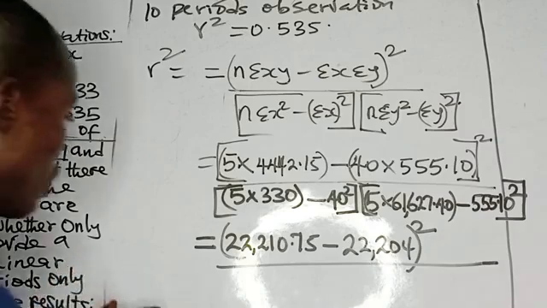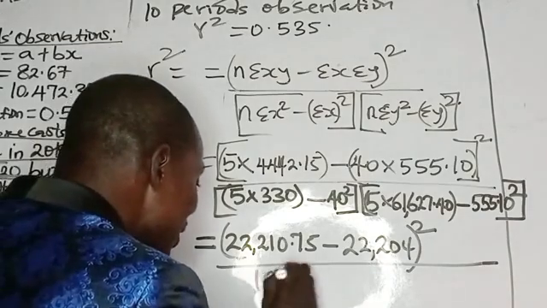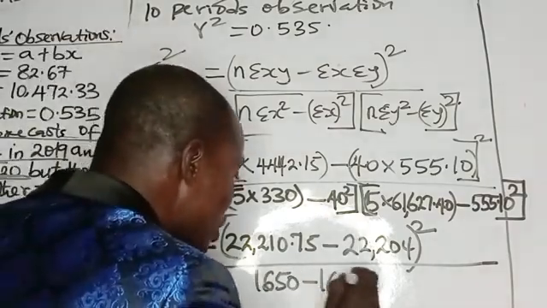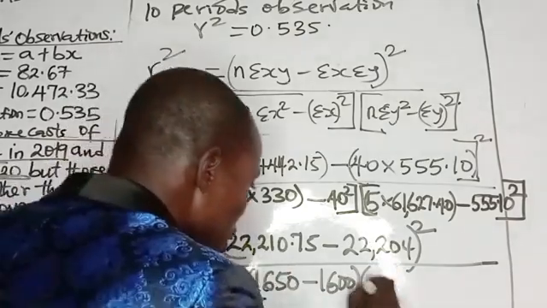That gives us 1,650, minus the square of 40, that is 1,600.